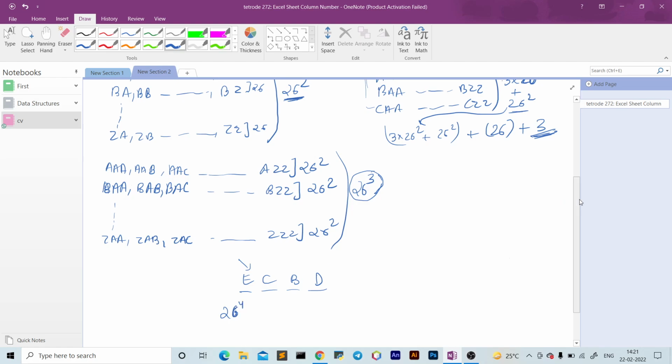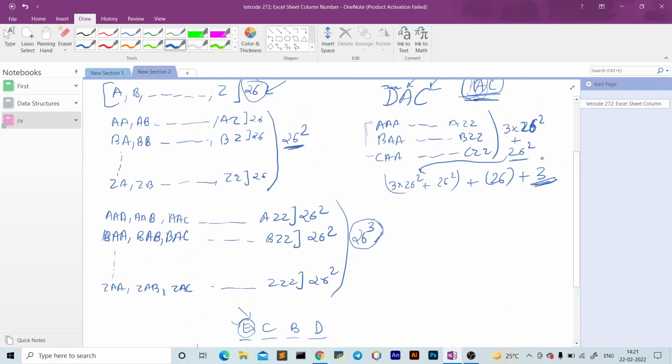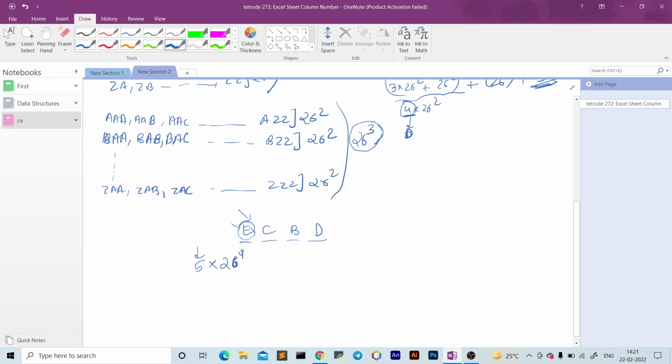But what would be coming in this position? It would be simply 5, because E is the fifth letter. So this is 5 into 26 raised to power 4, plus for C it would be 3 into 26 cube, plus for B it would be 2 into 26 square.